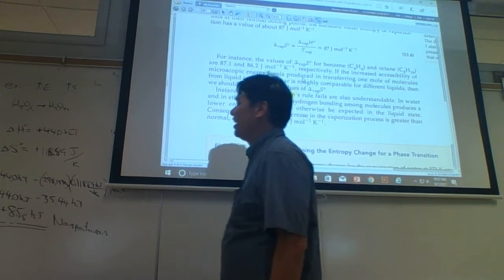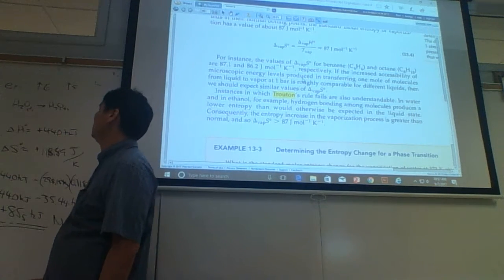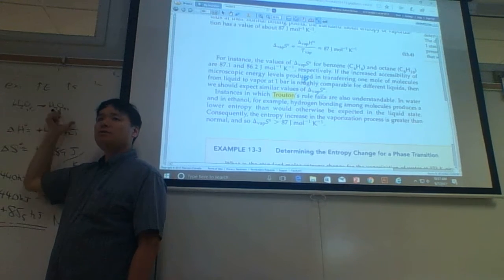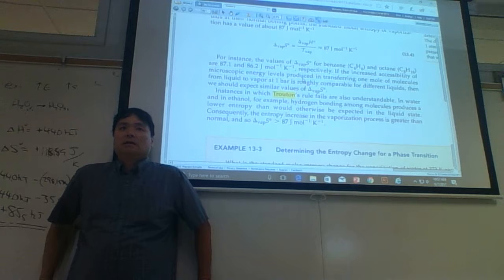For example, here, I want to predict this. I start off with 1 mole of water. How much will vaporize? 1/10 of a mole? Half a mole? 1/4 mole? How much will vaporize?